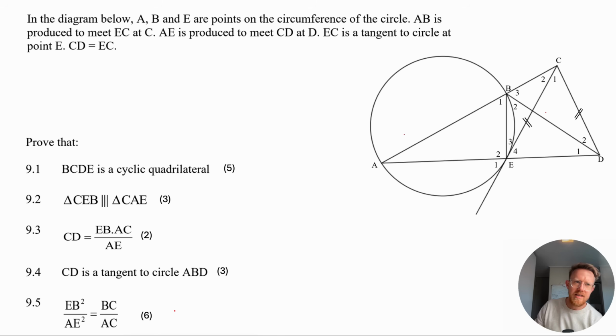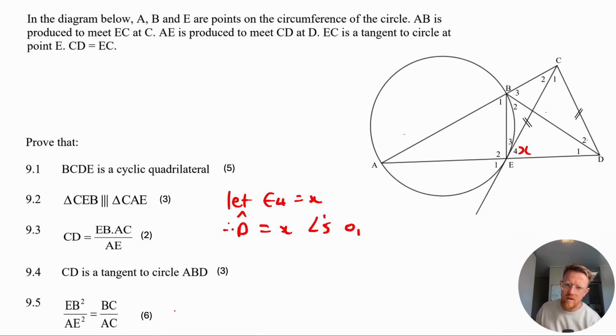Let's write it down here. Let angle E4 equal x. Okay, so that's x. Then angle D will also be x, and that's because those are the angles opposite equal sides. So now we've got that, and that is x.